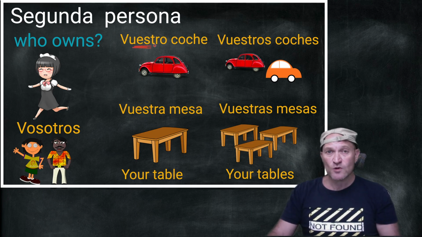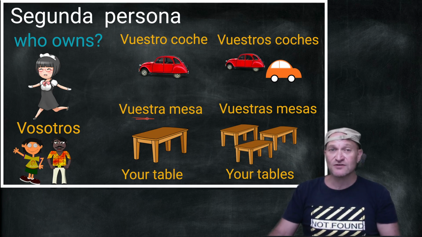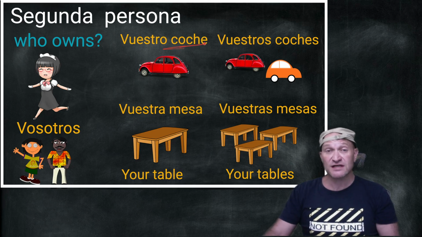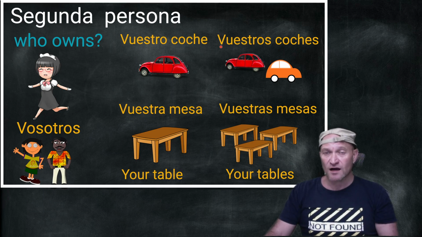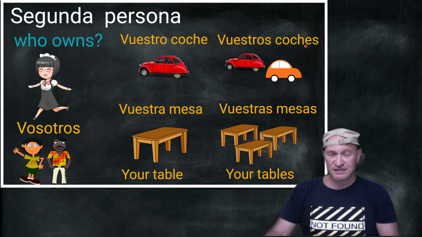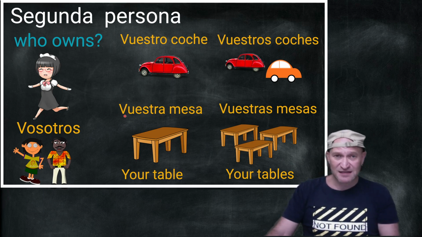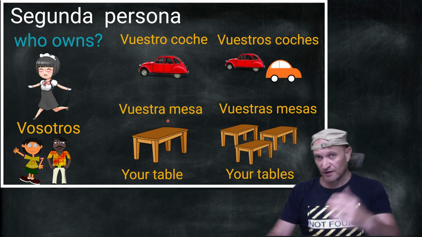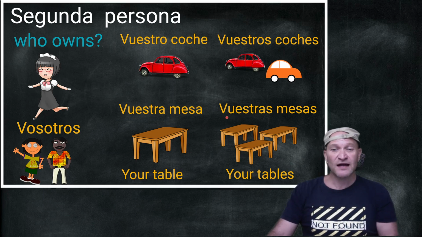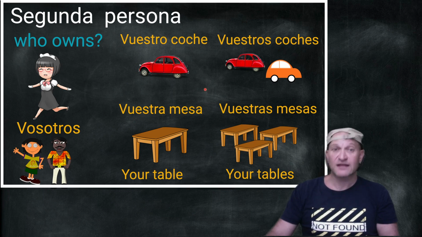Why vuestro coche and not vuestra coche? Because coche is masculine. And if you have more than one car, vuestros coches. And the same example as before with mesa, with table. Vuestra mesa, if you and your friend or your family have a table, and vuestras mesas, if you have more than one table.